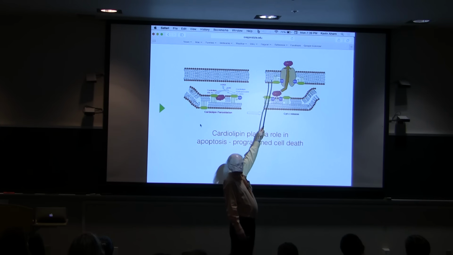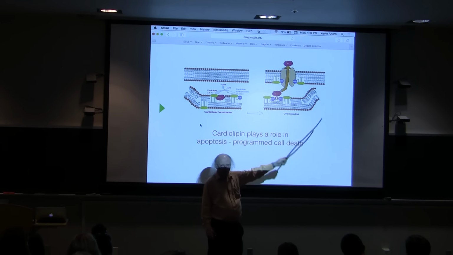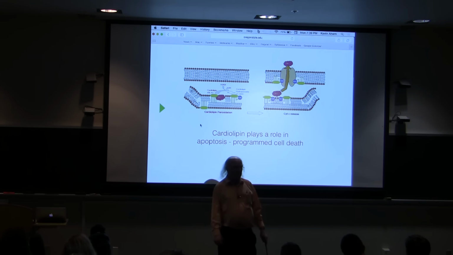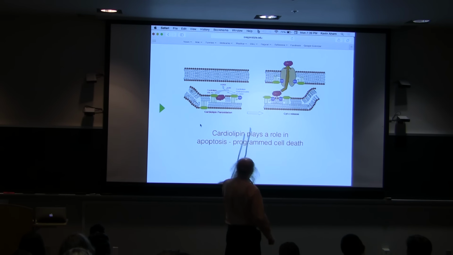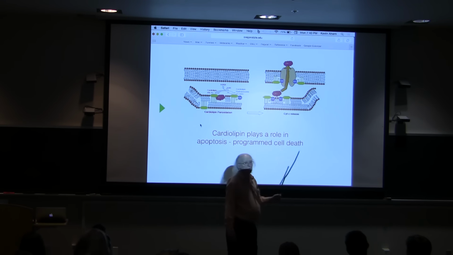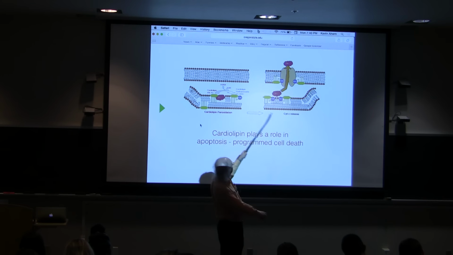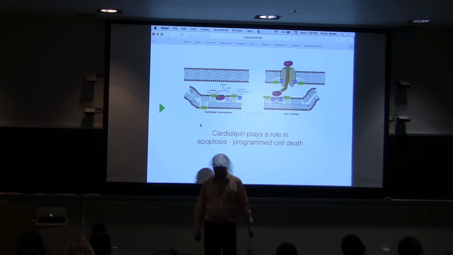These allow for the release of cytochrome C out into the cytoplasm of the cell and stimulate the process of apoptosis. That's the only thing. Cardiolipin is found almost exclusively in the inner mitochondrial membrane, and this appears to be its role.